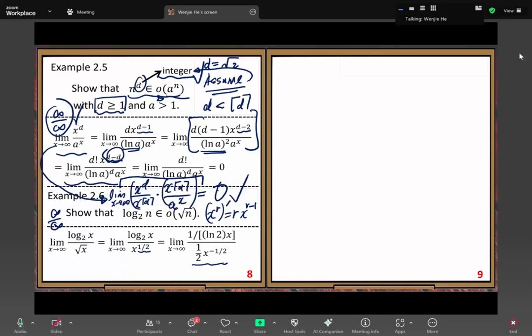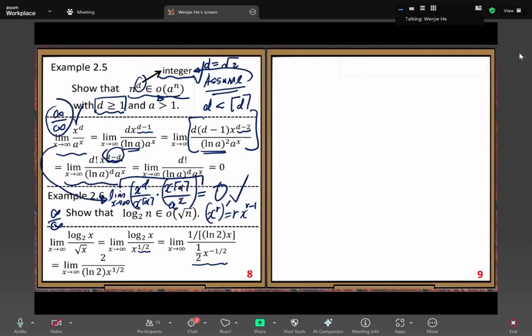After simplification, you can see it is not an indeterminate form, because the numerator is 2, a fixed number. So we cannot apply L'Hopital's rule another round, and we have to stop at this round.